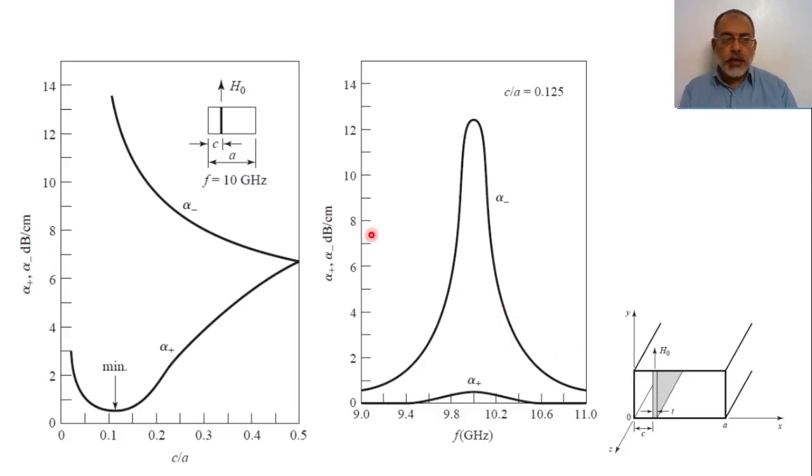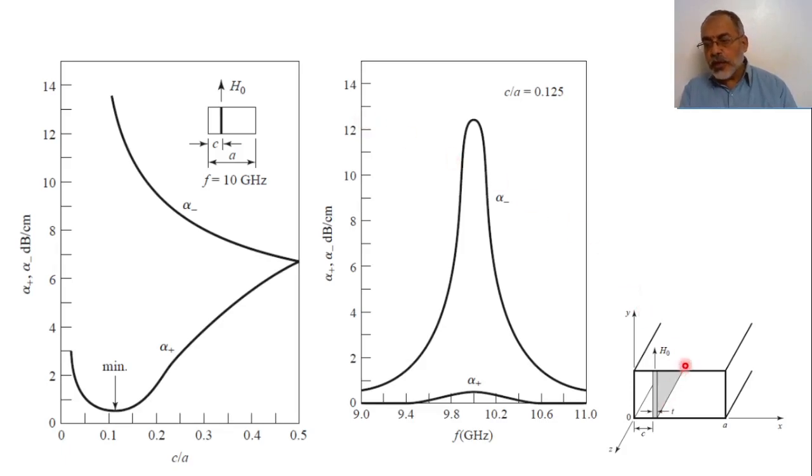As we said, the attenuation coefficient here at the resonant frequency at 10 GHz is around 12.7 dB per centimeter, and it is required to find a total attenuation in the reverse direction of 30 dB.